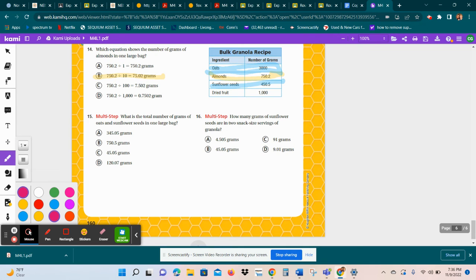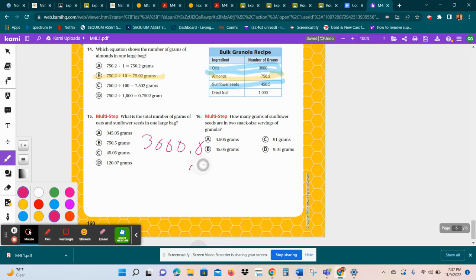So I'm going to write down 3,000 first. My decimal always comes after the ones place, and I'm going to put a zero as my hero right next to it because I noticed in the sunflower I have a decimal number. So I'm going to place the decimal underneath that decimal.